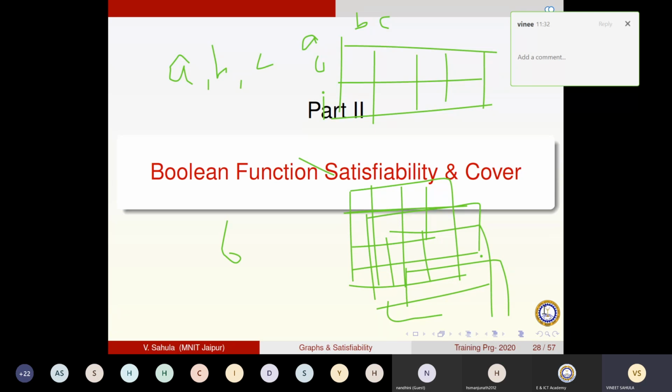So for size 6, K-map is not easy to visualize. So we go for the table method. What is the table method? Quine-McCluskey. Tabular method. So we'll immediately come down to that quickly.